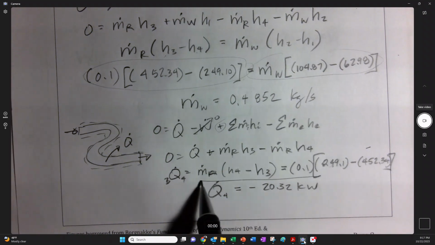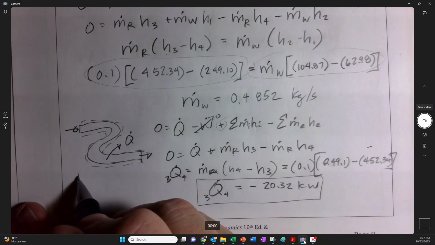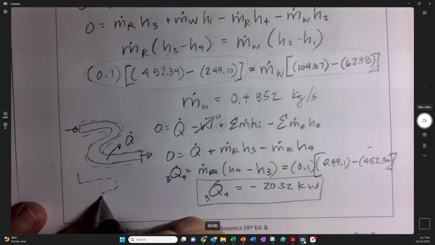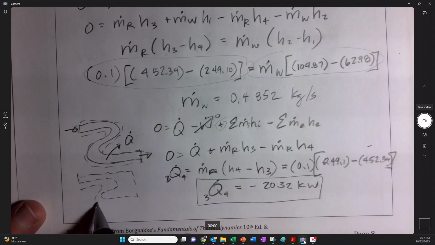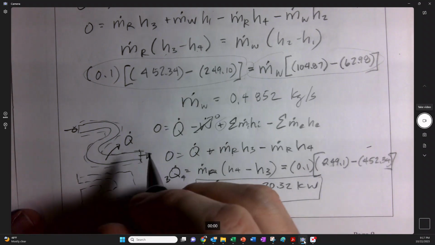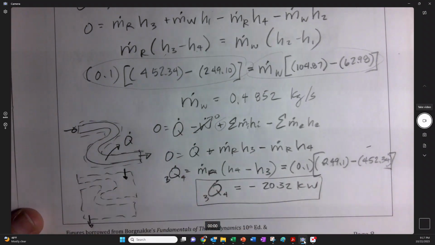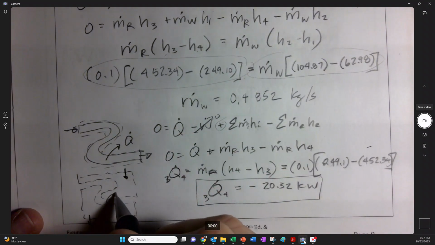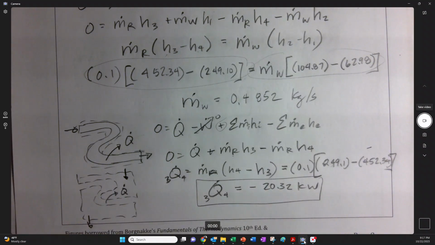And as I mentioned, we could do the same thing, but backwards. So we had water coming in here and water coming out there, and then we had heat transfer in, and that would be between 1 and 2.